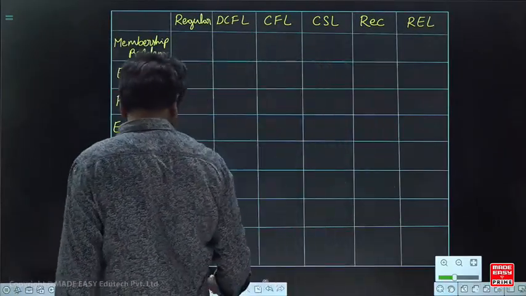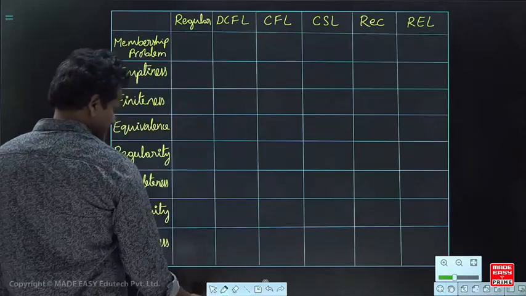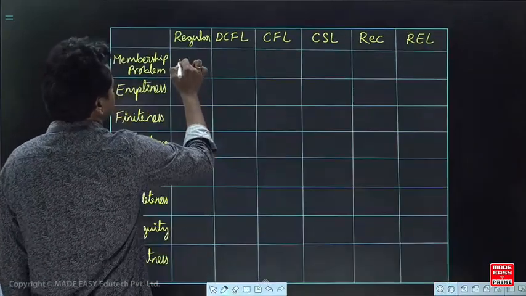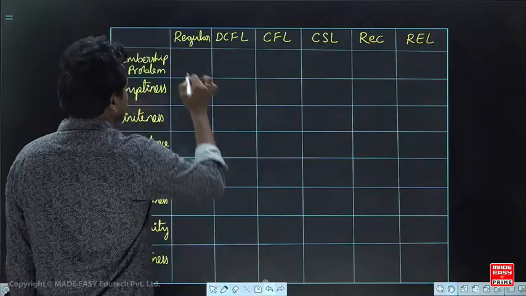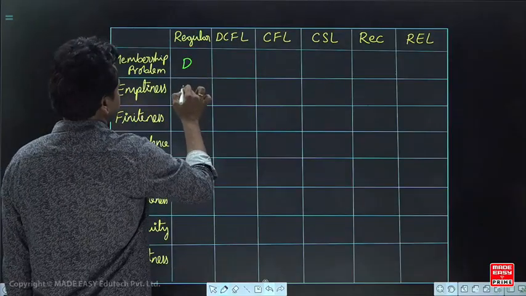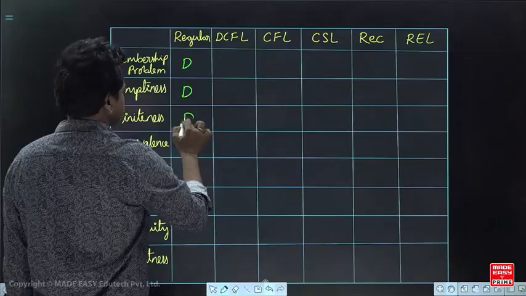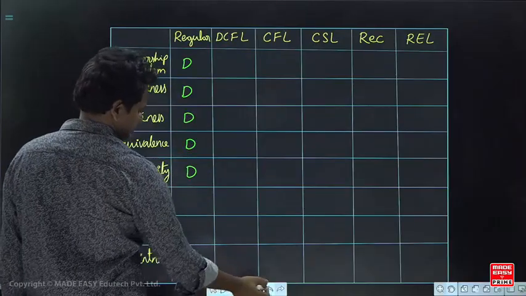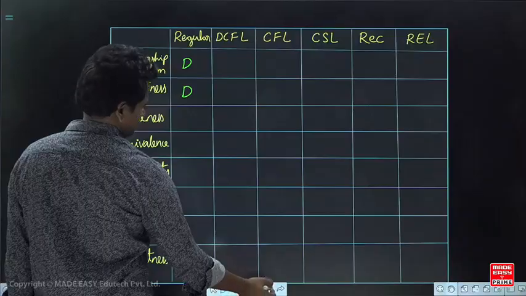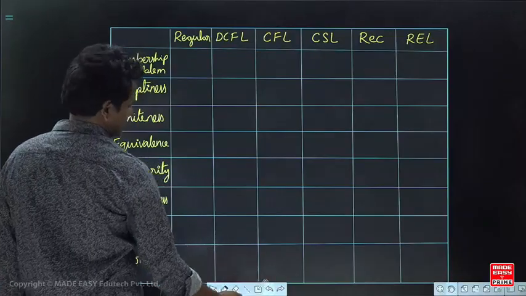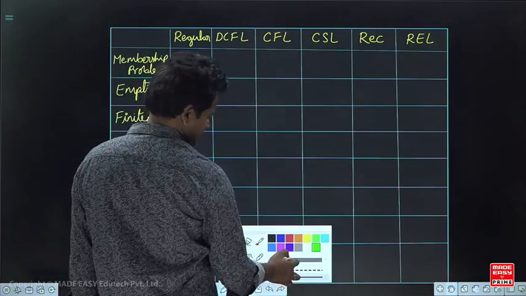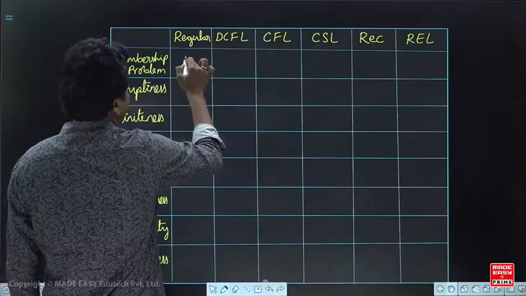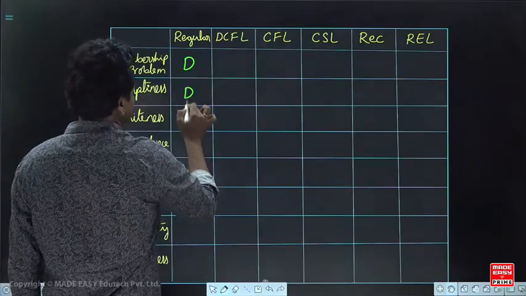Now, all problems are decidable in the case of regular languages. This is decidable. All problems are decidable in the case of regular languages.